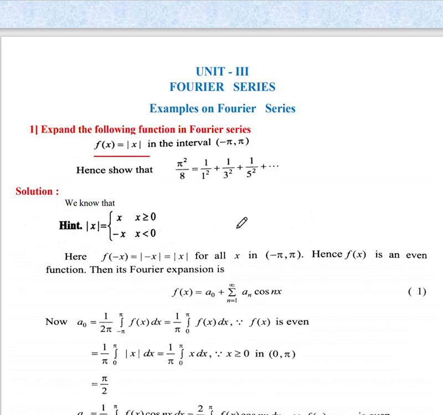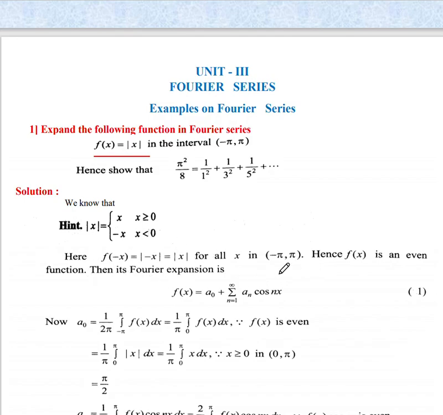Okay, so first we will check whether the given function is even or odd. Here we will put minus x in place of x. Then we will see whether the function is even or odd. So put x equal to minus x in this function, you will get f of minus x equal to mod of x, and we know that the mod of any negative number is always positive. So here we will get a positive value for all x in minus pi to pi.